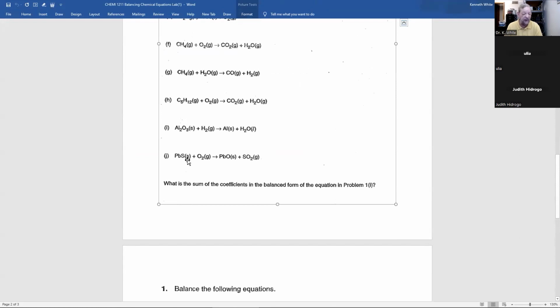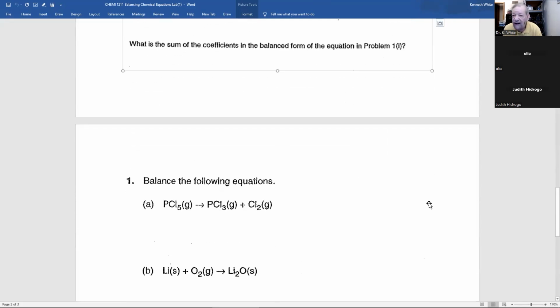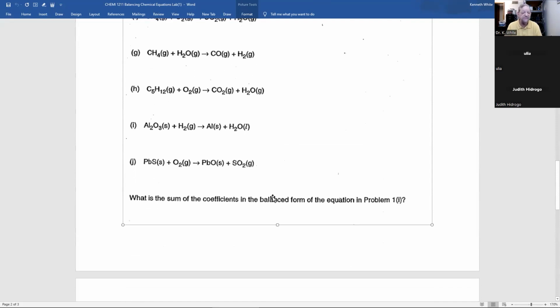After J, there's a question which students forget: what is the sum of the coefficients in the balanced form of the equation in problem 1J? Or is that I? Hold on, let me take a look. The answer is 1I, and that's this one right here. You have to add the coefficients.